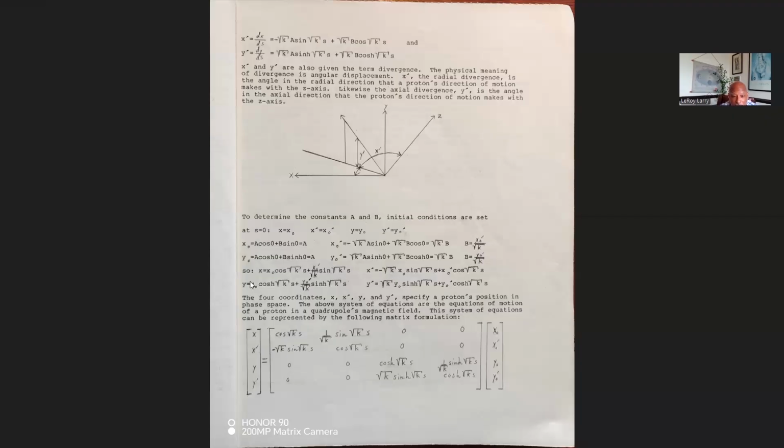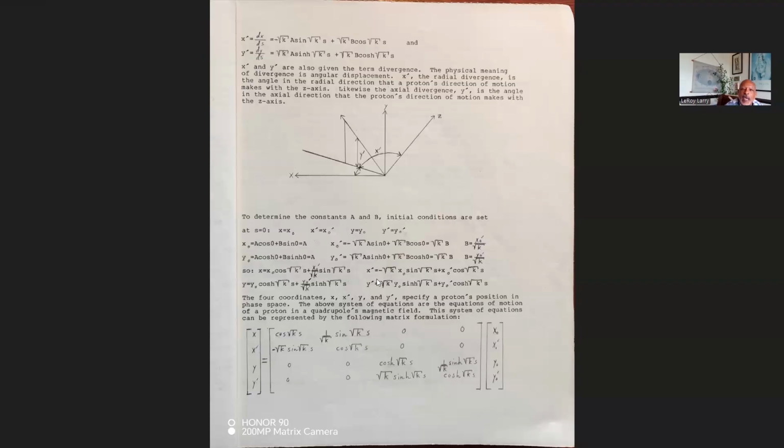These four equations: x equals this, x prime, which is the change of the proton's trajectory in phase space in the horizontal direction, left and right, with respect to that central trajectory along the z-axis through the quadrupole magnet.